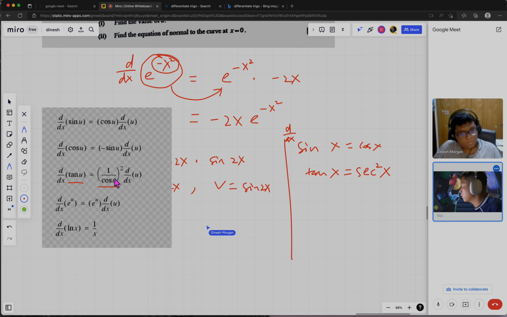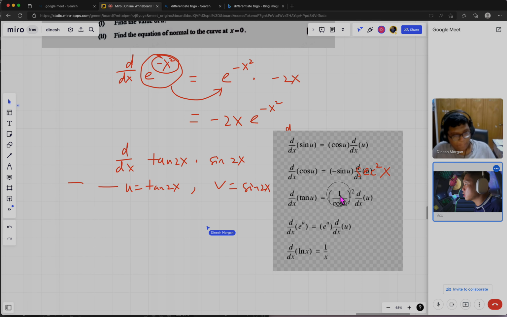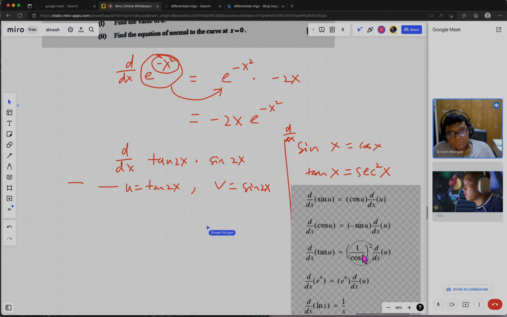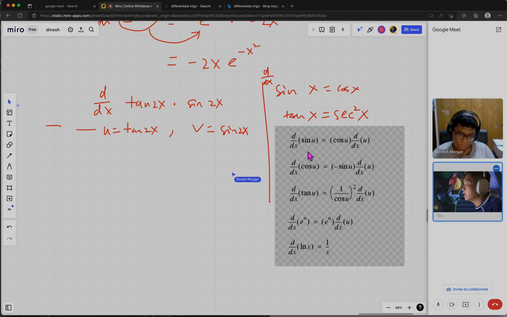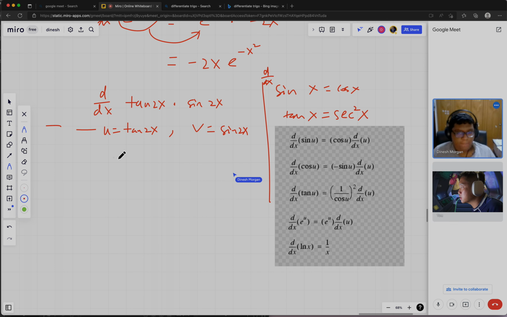So it's always good that you put these formulas, not formulas because they're not given, so you need to recall them and write them somewhere at the start of the lesson. Then whenever you do differentiation, you just put it here and try to do it. So tangent 2x is secant squared 2x, and you still have to differentiate the 2 inside, and you get 2.